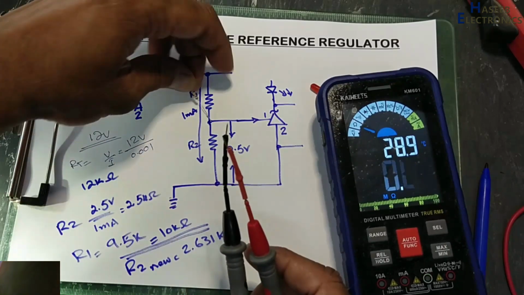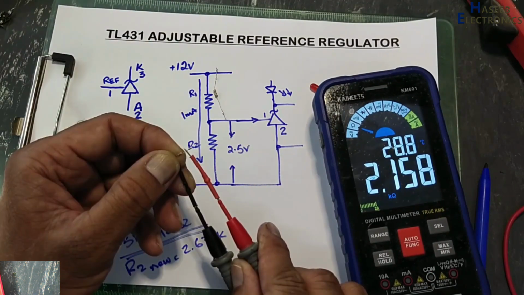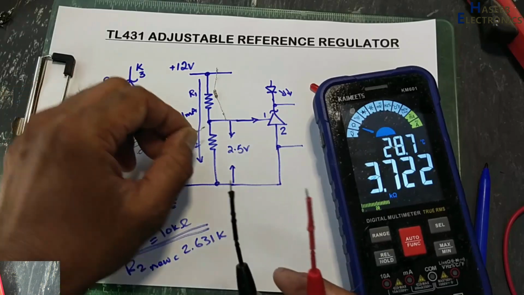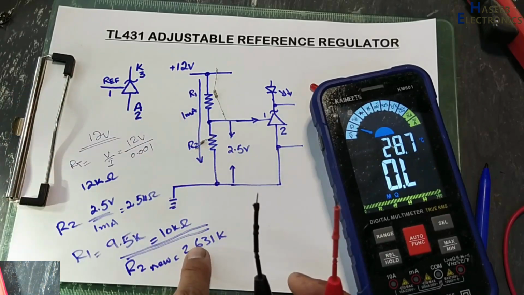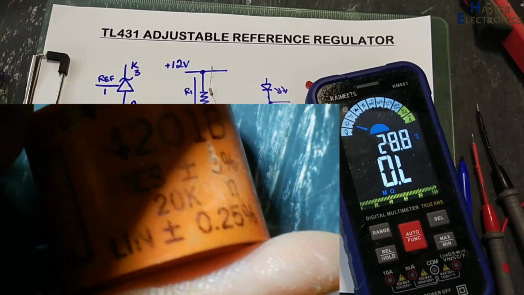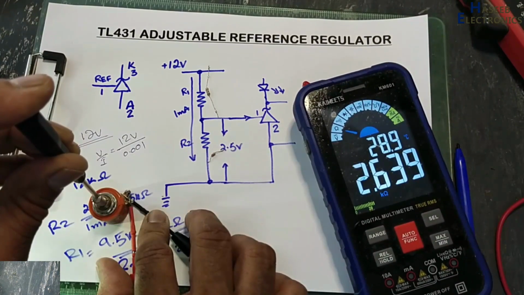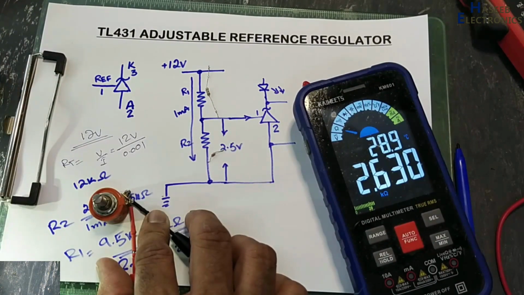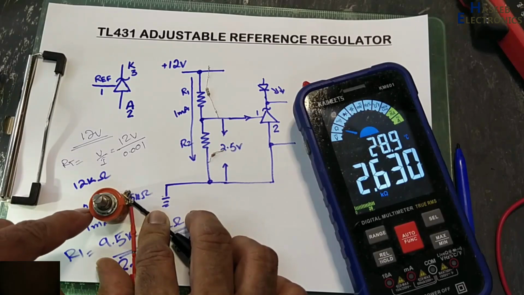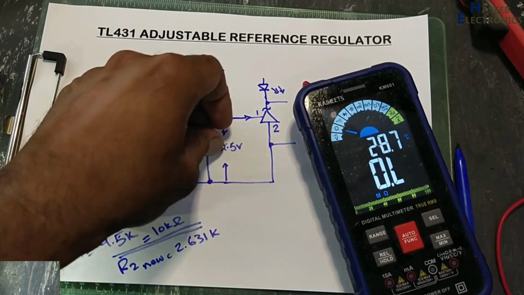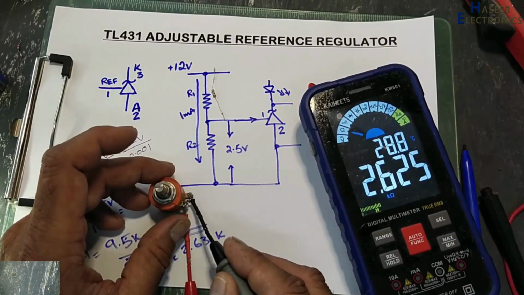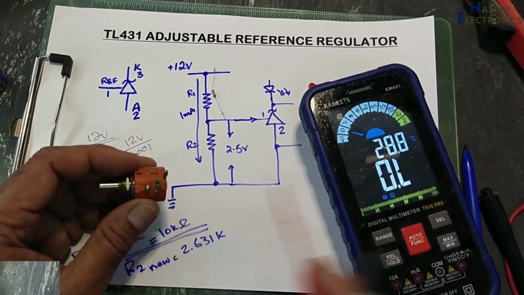9.91K, this resistor is good. It is 2.158. We need 2.631K, 20K. So I will use just only one potentiometer. I will not use this resistor. I will use just only these 2 points, the last 2 points.